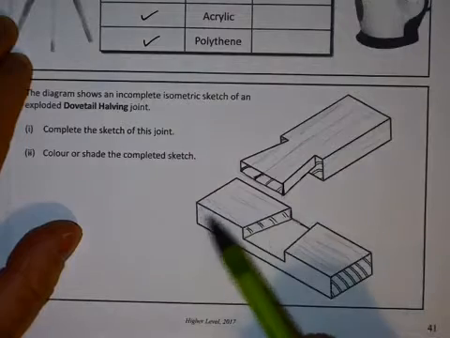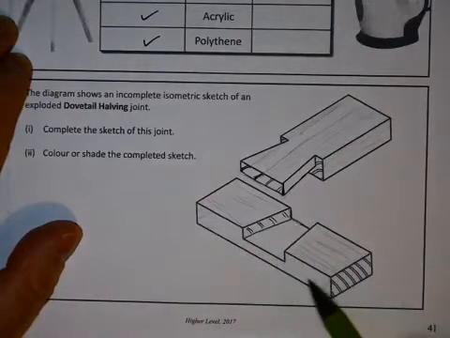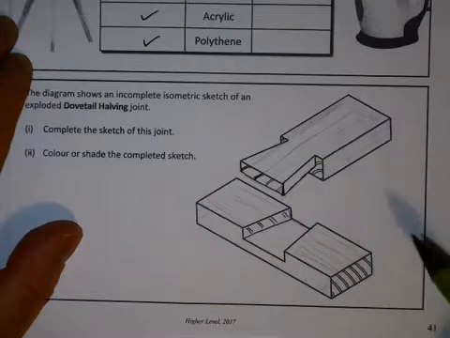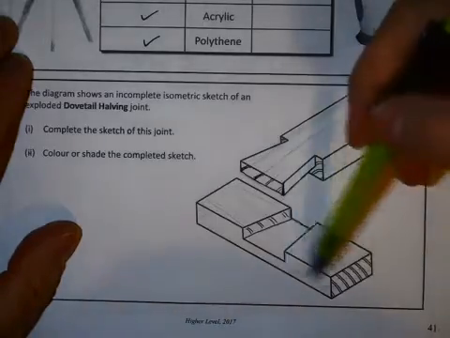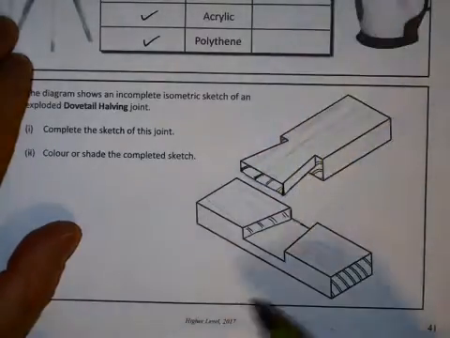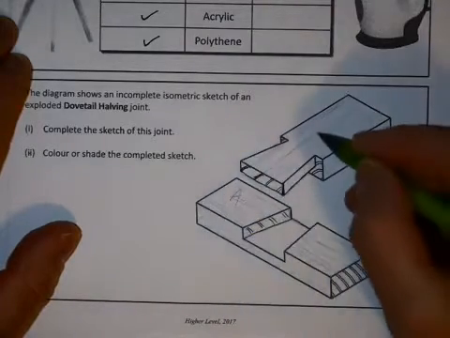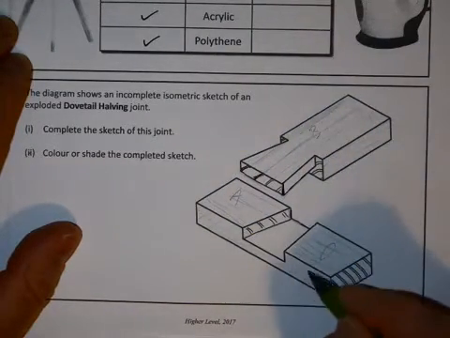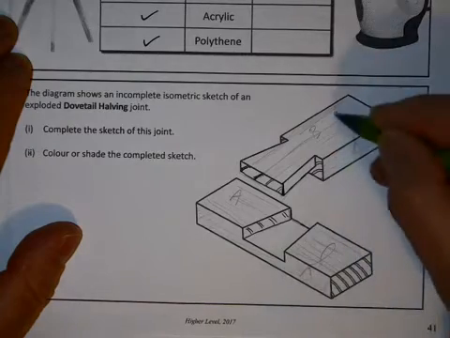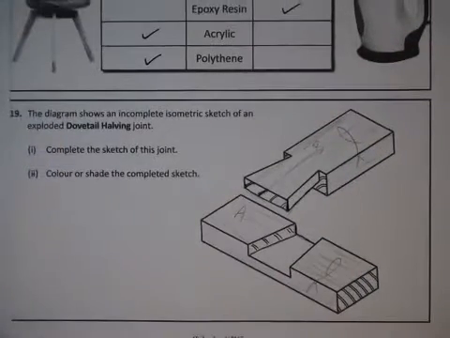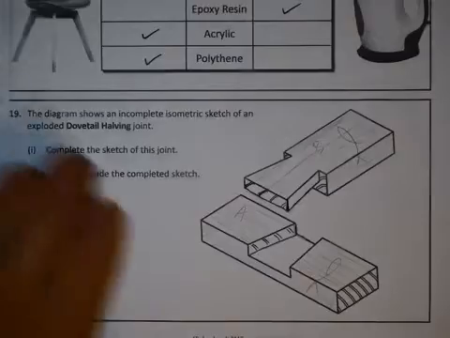And you could shade it, not the most important thing in the world. And if you wanted to make it look like a woodworking piece, you could put on letters, your face side, face edge, and if you didn't do that much shading, it would make it look a little bit better. So that's 19.